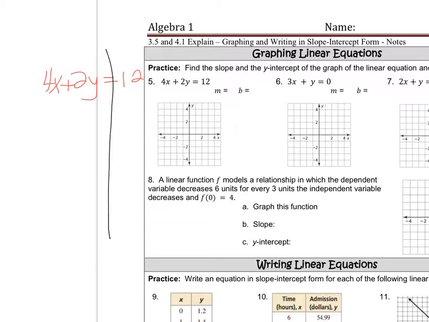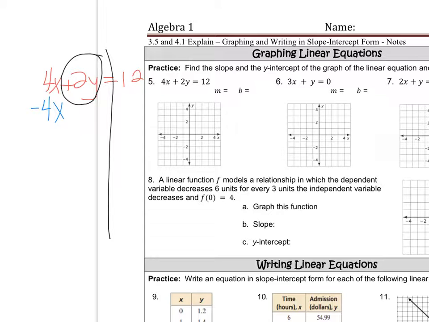There's nothing to combine. So now what I want to do is start isolating my y term by first adding and subtracting any other terms. So right now I've got a positive 4x, so the inverse of adding 4x will be to subtract 4x on either side of my equation.